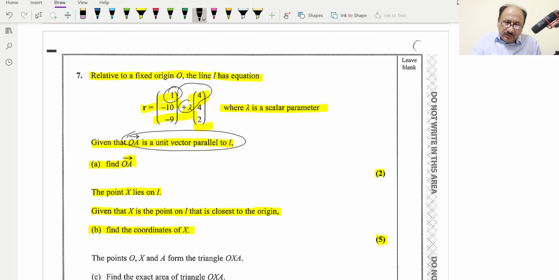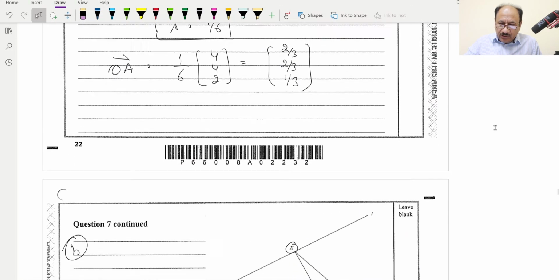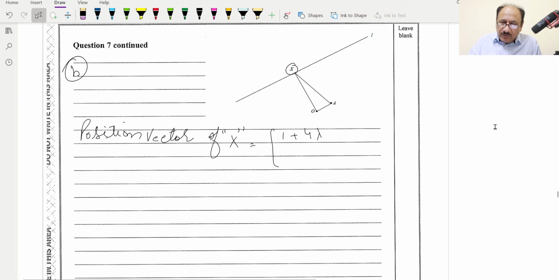Similarly, minus 10 plus 4 lambda and minus 9 plus 2 lambda. So we will write over here 1 plus 4 lambda, and the second will be minus 10 plus 4 lambda and minus 9 plus 2 lambda. This will be the position vector, and the OX vector dotted with the direction vector (4, 4, 2) will be equal to 0.